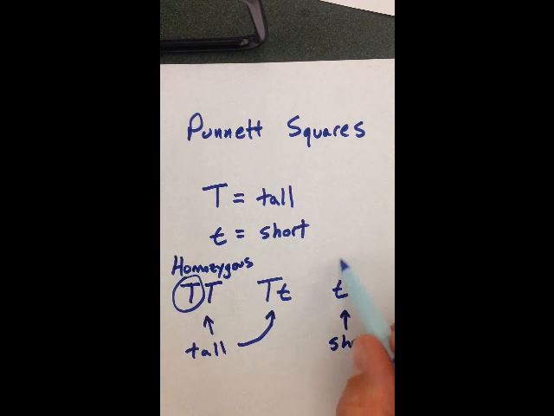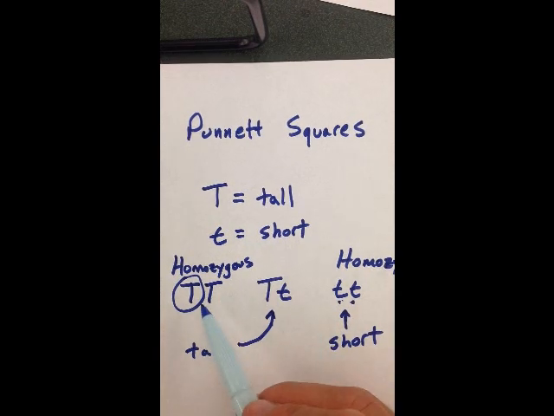We would also call this plant homozygous. And again, notice this one is two of the same genes, but they're recessive. This one is two of the same genes, but they are dominant. So we would have to identify this as either being dominant homozygous or recessive homozygous. We would have to attach that.